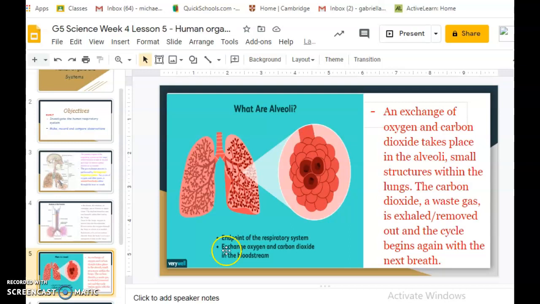They exchange oxygen and carbon dioxide in the bloodstream. The carbon dioxide, a waste gas, is exhaled or removed out, and once that is done, the cycle begins again with the next breath.